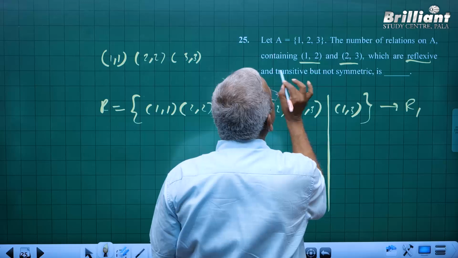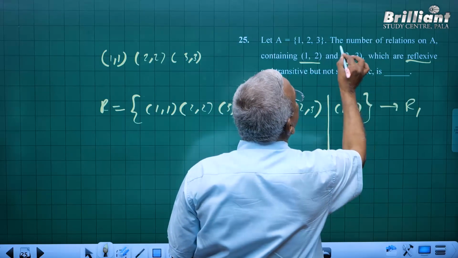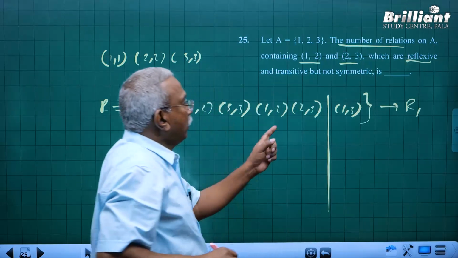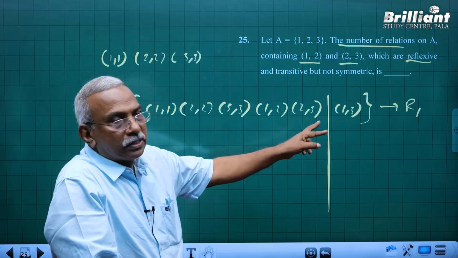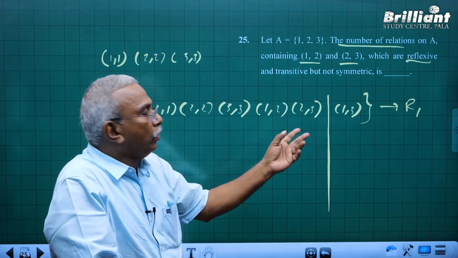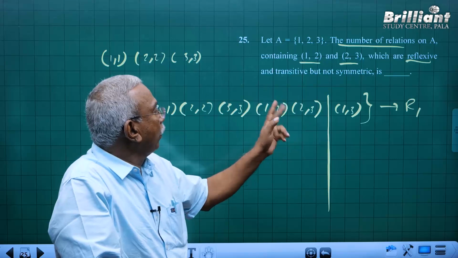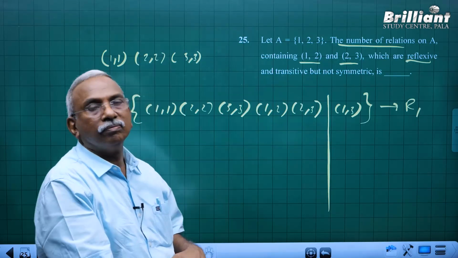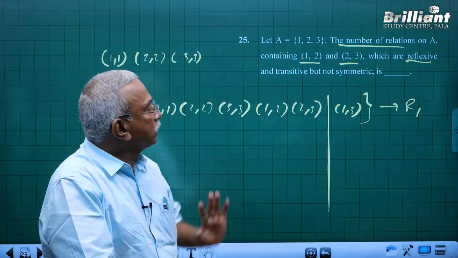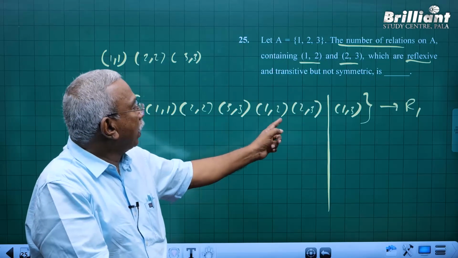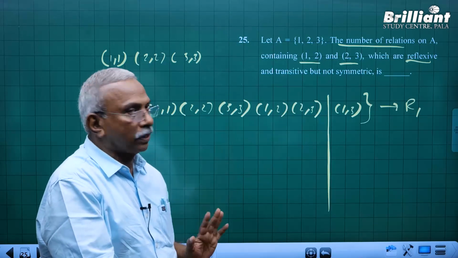So (1, 2), (2, 3) and (1, 3) are there. Because there is no (3, 1), (3, 2) and (2, 1), it is not symmetric. The transitiveness is okay as used there: (1, 2) and (2, 3) are there, then (1, 3) should be there.